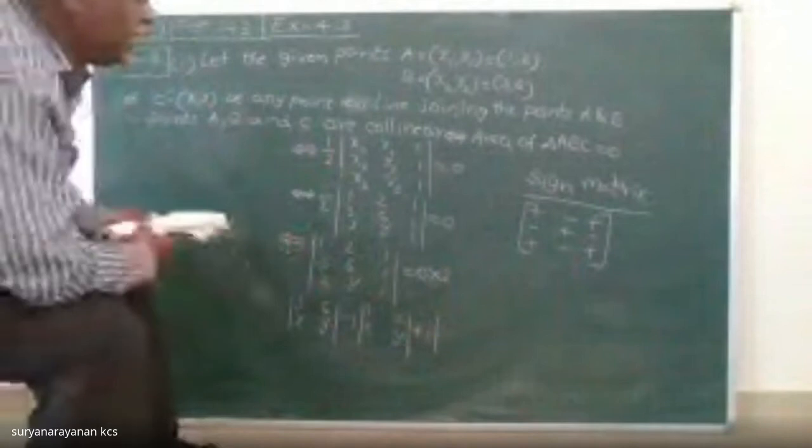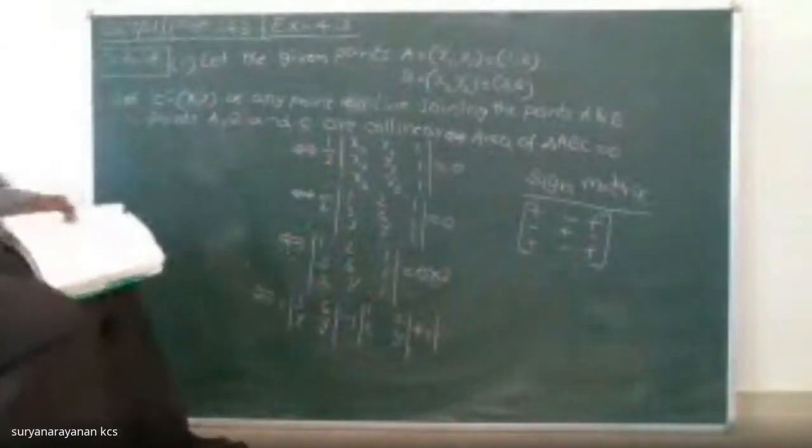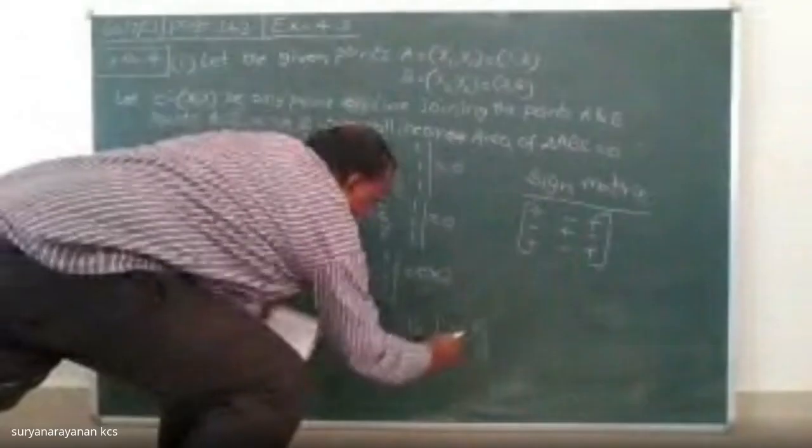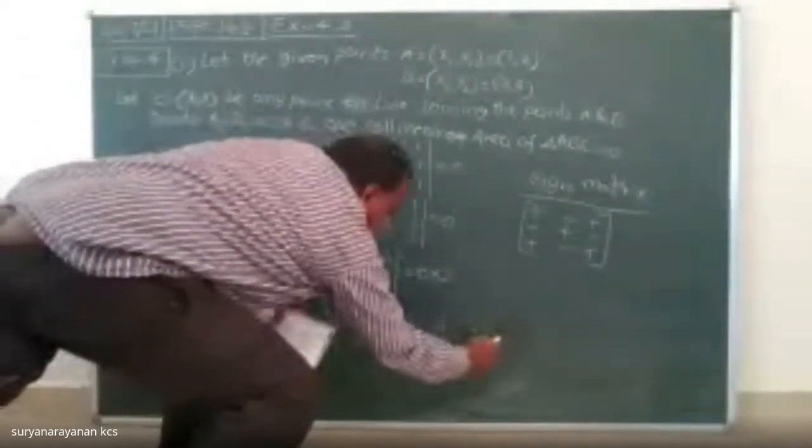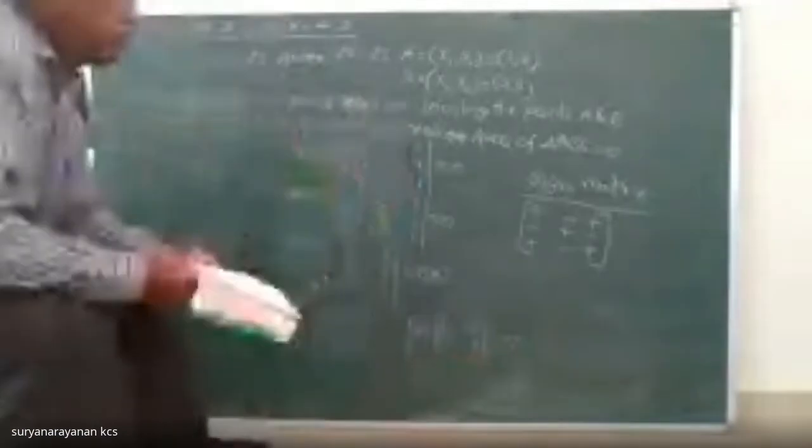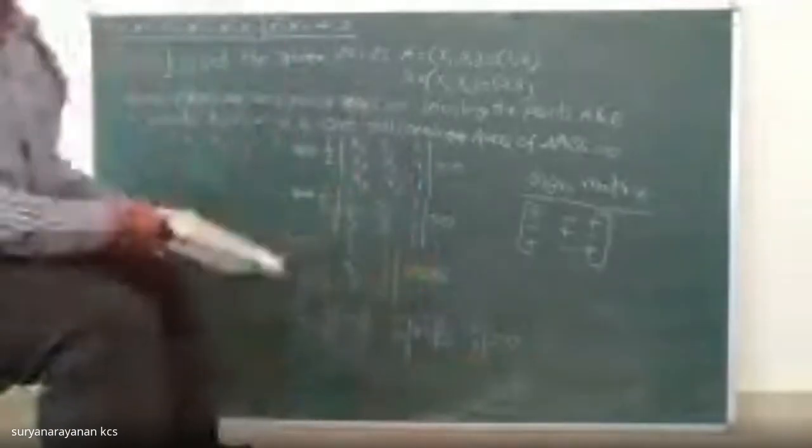Then what will you get here? 1, 2, 3, 6, sir. 1, 2, 3, 6 is equal to 0. 0 into 2 is 0.